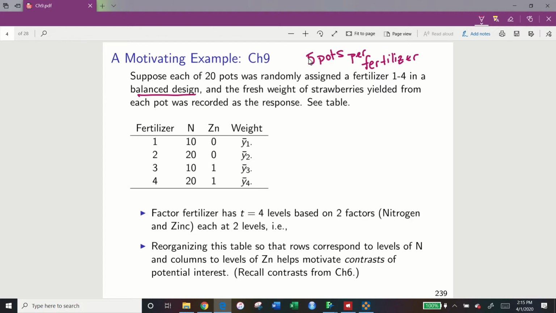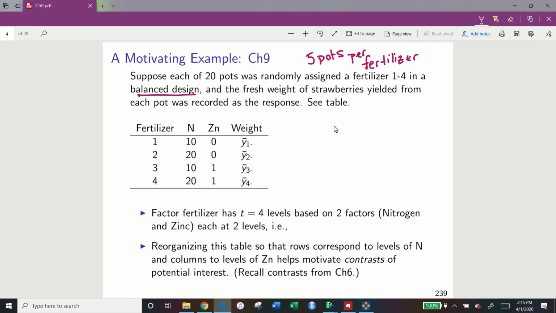So by looking at our table, we've got our 4 fertilizers, and then we have these 2 new columns for nitrogen and zinc. These are going to be the two factors that go into our fertilizer. And we can notice that each of these two factors has two different factor levels that go into determining the effects on our response.